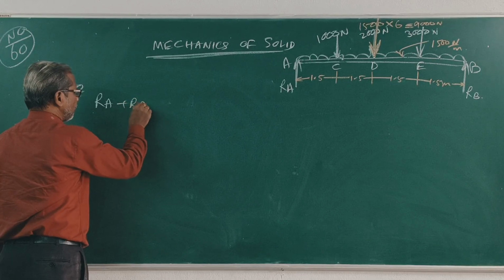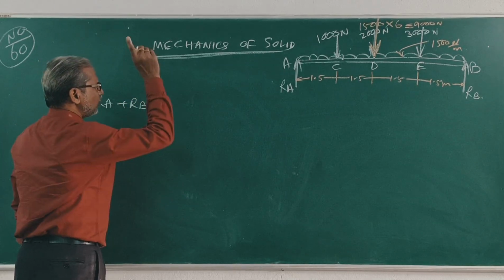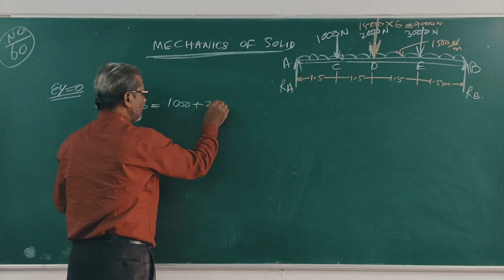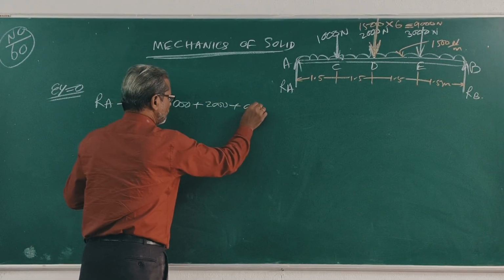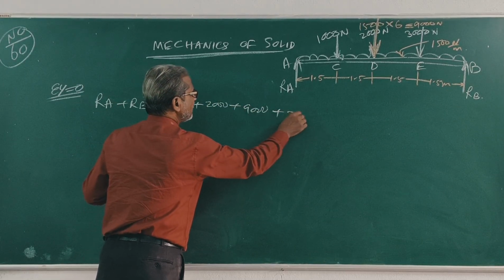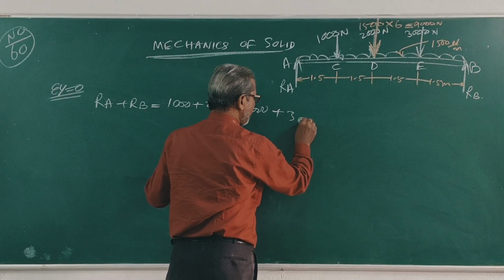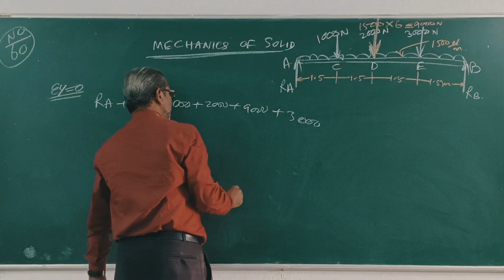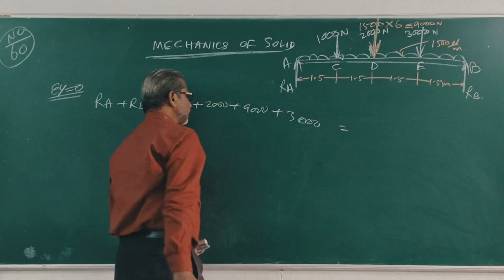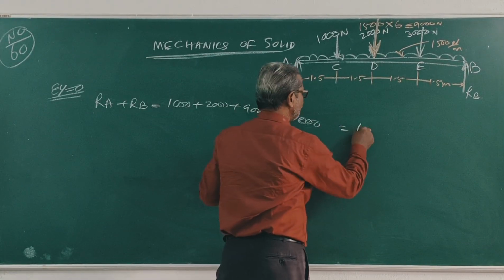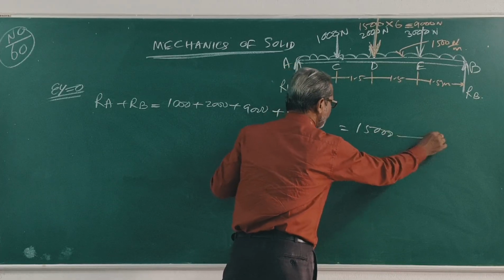RA plus RB is equal to 1000 plus 2000 plus 9000 plus 3000, which is 3 plus 3, 6, plus 9, 15,000 Newton. This is equation 1.